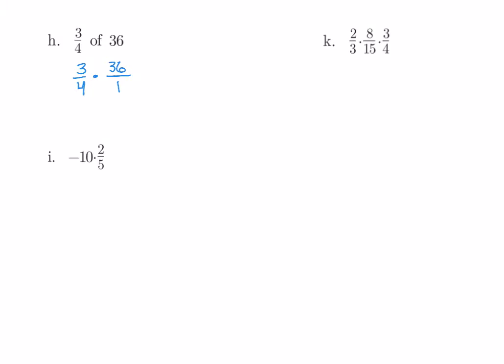From here, we can cancel out common factors. 4 and 36 are both divisible by 4. We get 1 and 9. I cannot cancel anything else, so we go ahead and multiply straight across. 3 times 9 is 27 over 1 times 1 is 1.